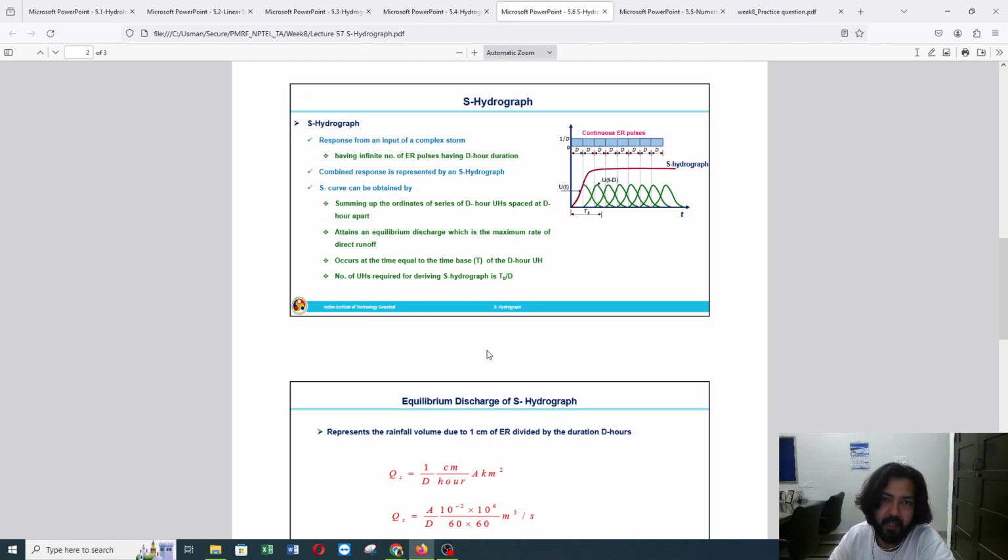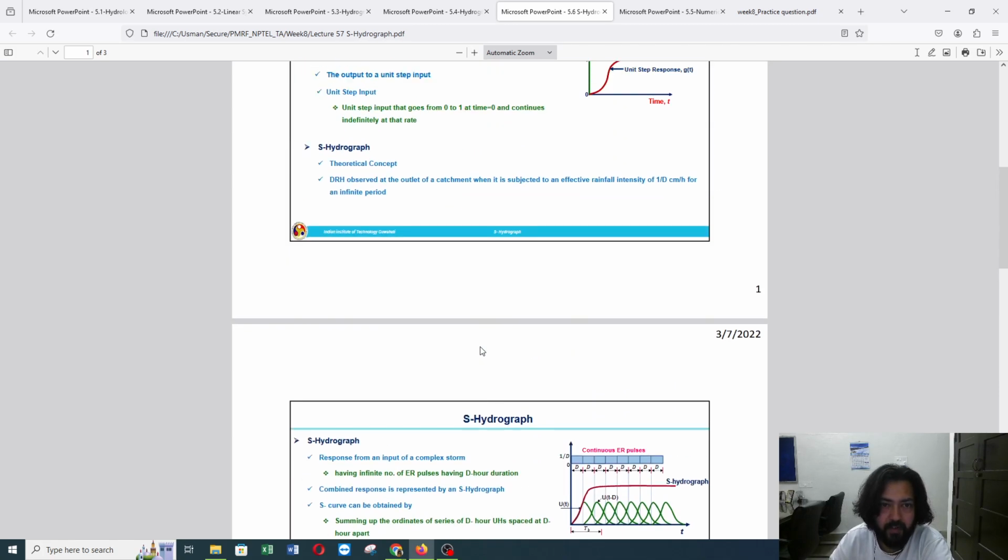We have studied what a unit hydrograph is. In a unit hydrograph, the important thing to understand is that it results from 1 centimeter of excess rainfall occurring uniformly over the catchment, for an effective rainfall duration Dr. The S hydrograph is defined as the DRH observed at the outlet of the catchment when it is subjected to an effective rainfall intensity of 1 by D centimeter per hour.